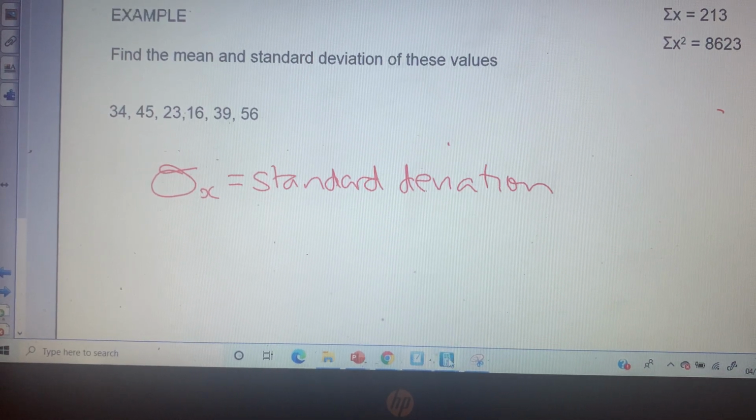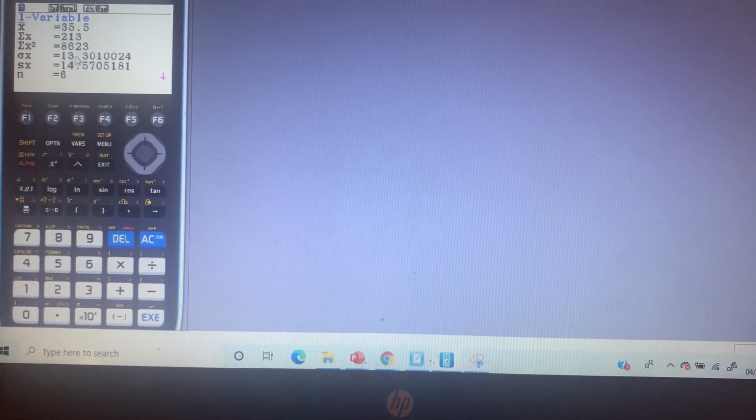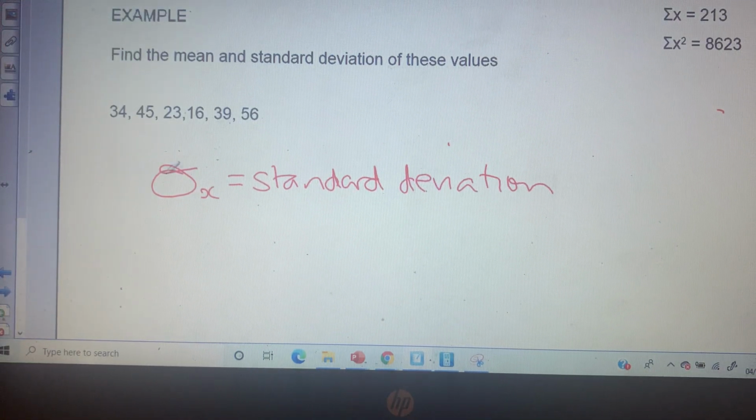Okay, so if I go back, I can read off my standard deviation is 13.3. Sorry, there isn't an X there. Sometimes there used to be an X. So my standard deviation is 13.3.